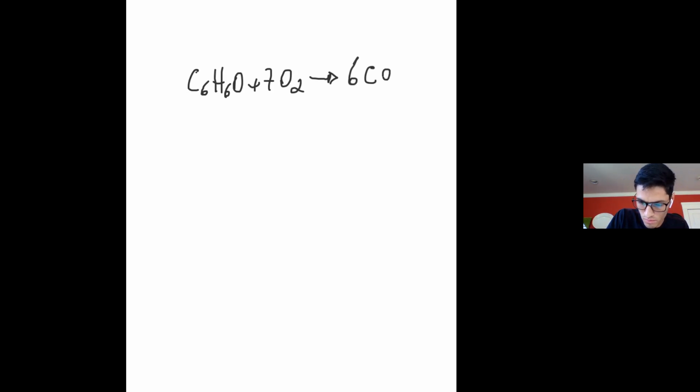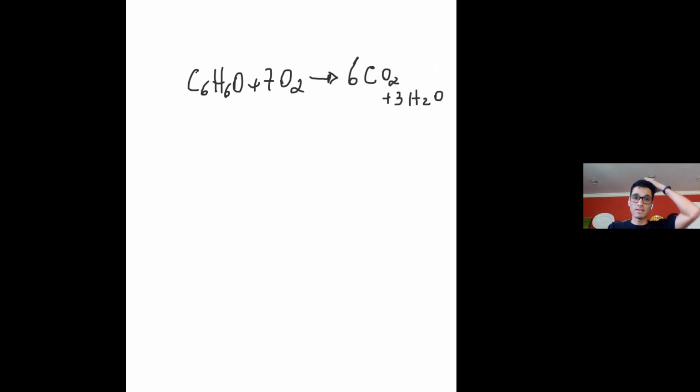So we have C6H6O plus 7O2, and this is going to be 6 CO2 plus 3 H2O.